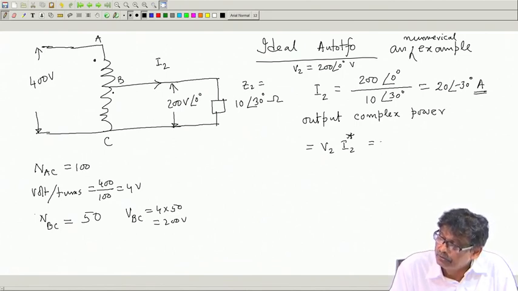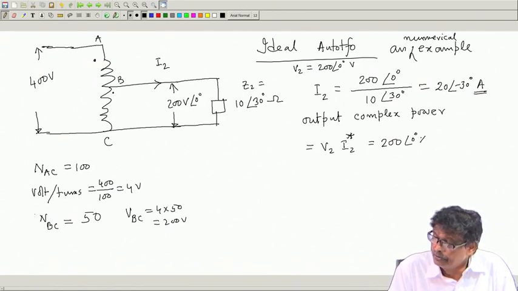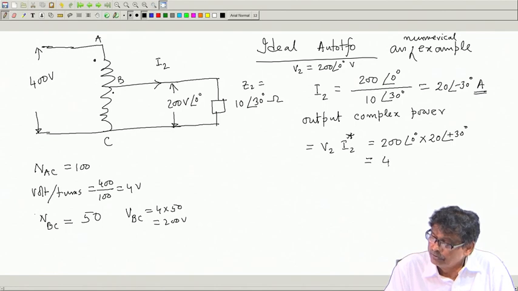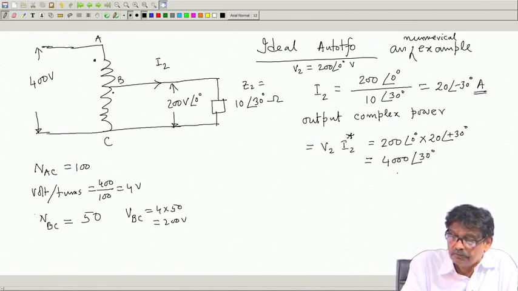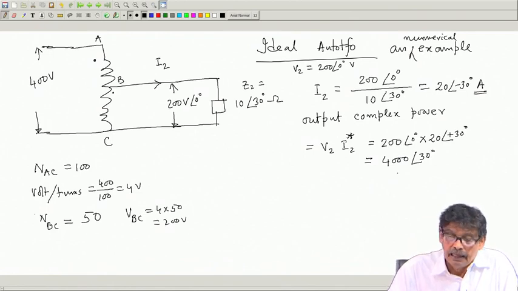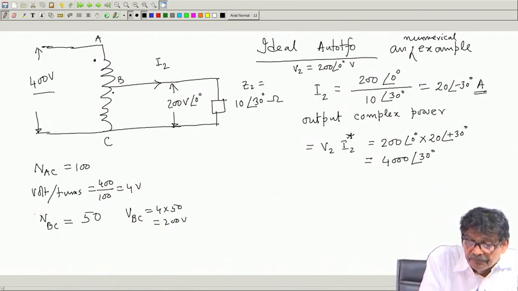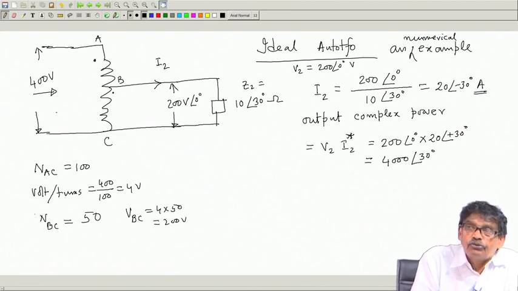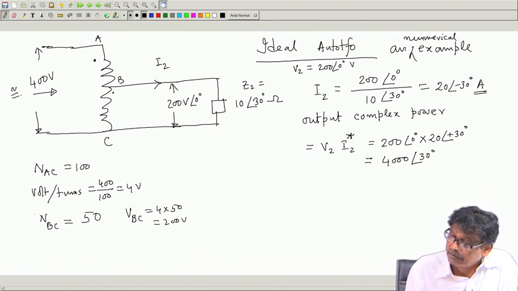So, this will be 200 0 degree into I 2 star is 20 plus 30 degree, is not. So, this will be 4000 watt plus 30 degree, that is the output complex power, and this must come in from this input, because there is only one source of power where I am feeding supply 400 volt AC, RMS value is 400 volt.